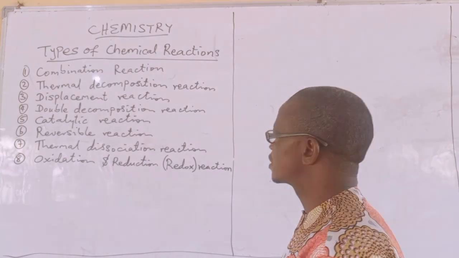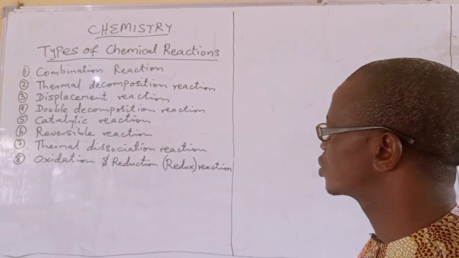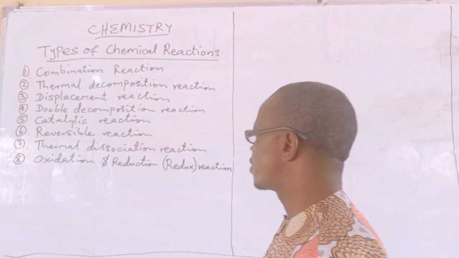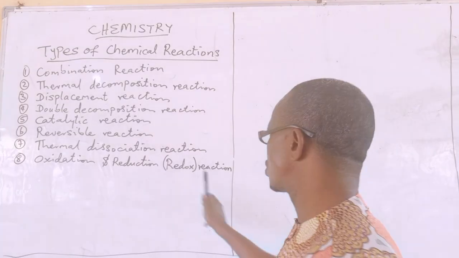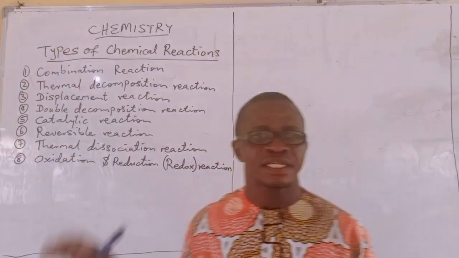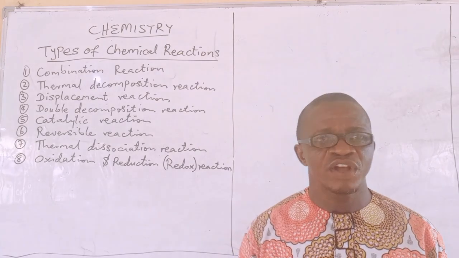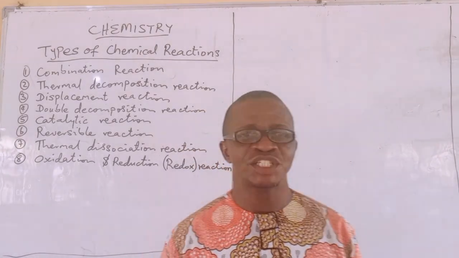Number 6, reversible reaction. Number 7, thermal dissociation reaction. Number 8, oxidation and reduction, or you call it redox reaction. So these are 8 different types of chemical reaction that we will be dealing with.